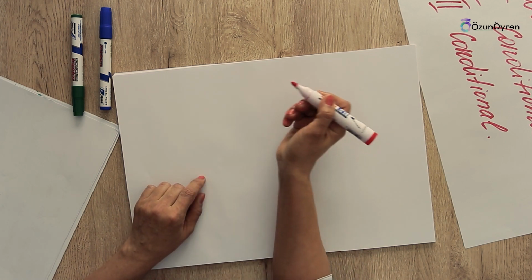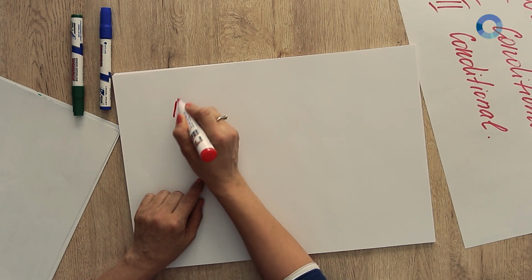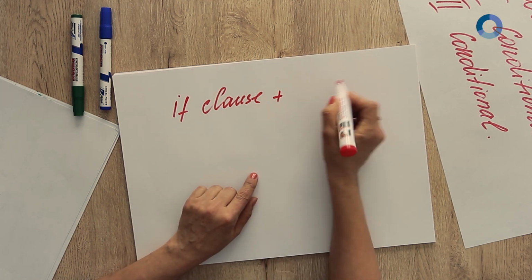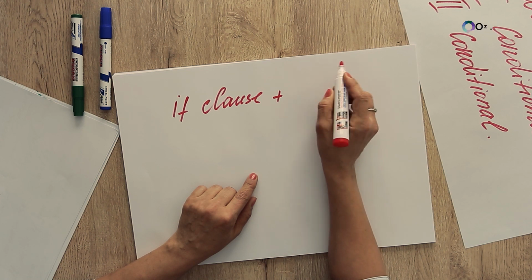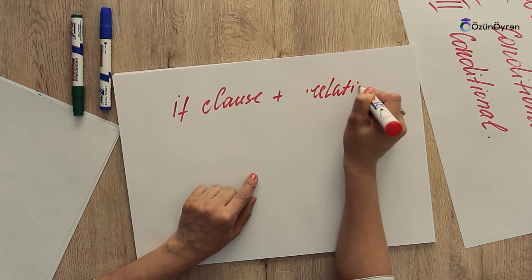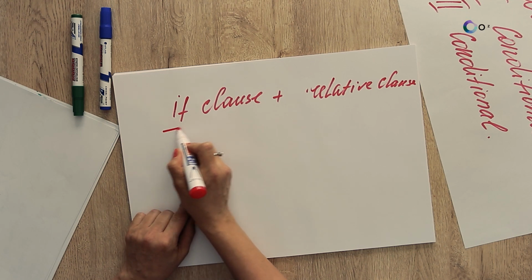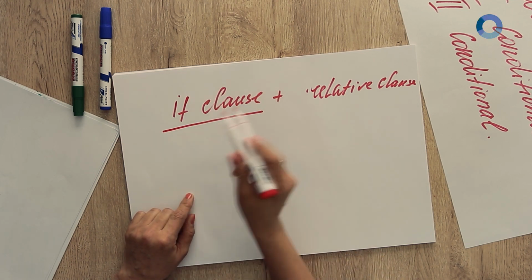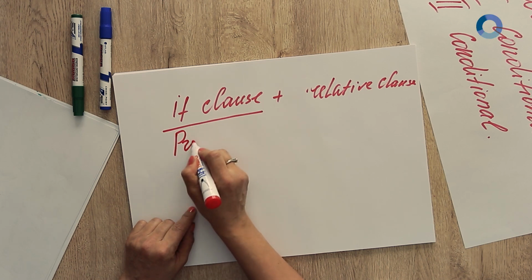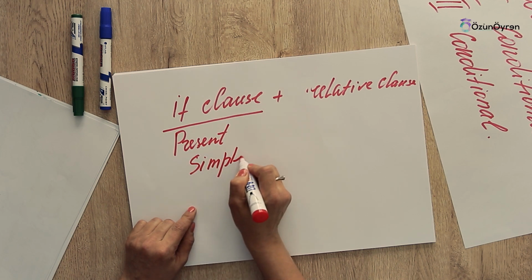And what is the structure of the conditionals? The structure of the conditionals is relative clause and if clause. So the if clause in zero conditional can be only present simple.